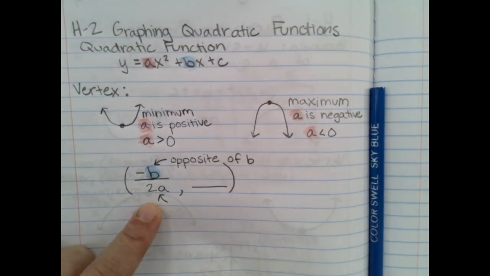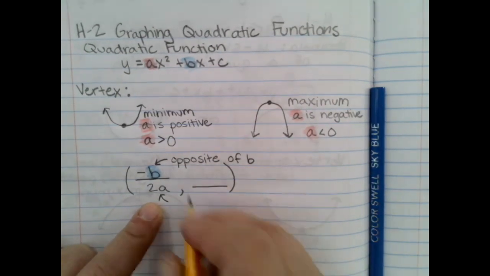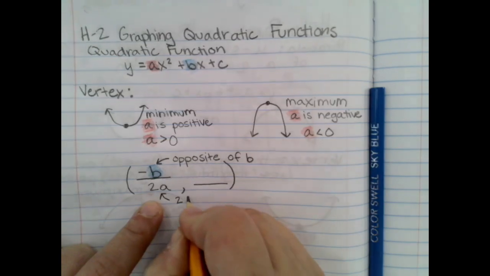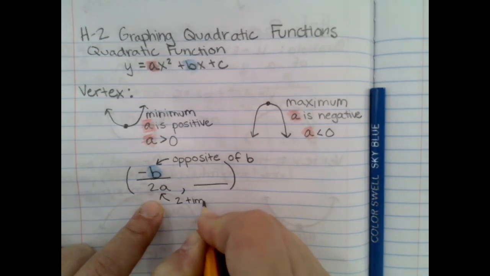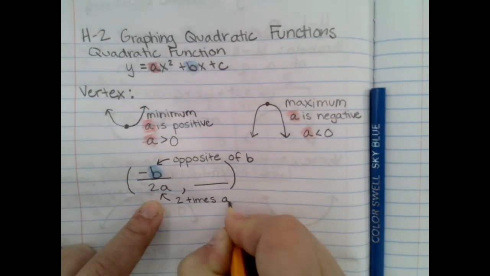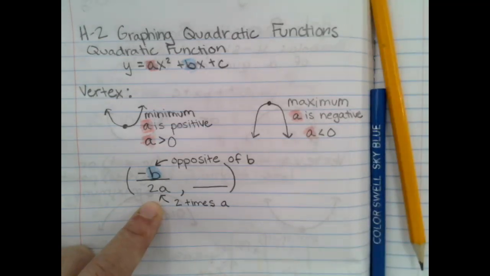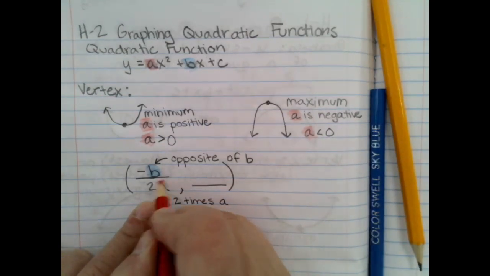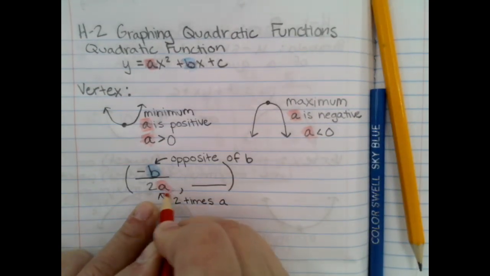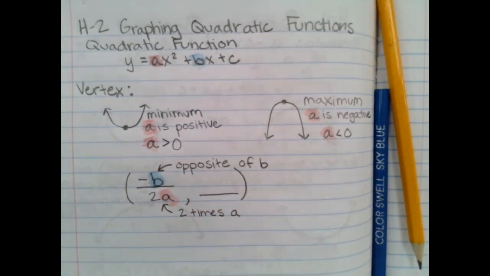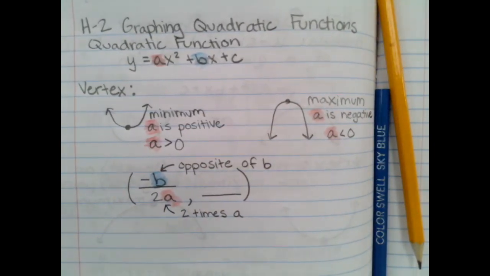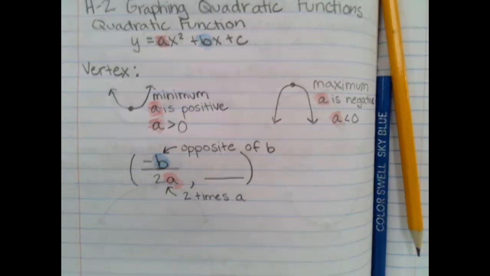What does that mean when we have 2 and A touching? Times A, good, multiply. So 2 times A. And again, that A is really important, so I'm going to color that in red. Es muy importante. Vamos.